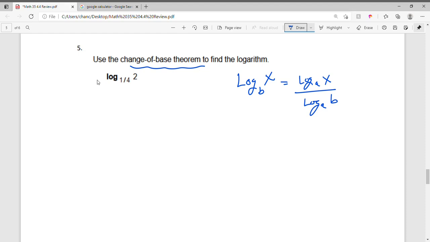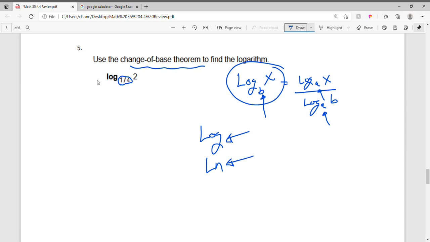This formula says I can choose any base that I want in order to figure out something that I do not know the log of with a certain base. So here, we know that our calculators don't have base 1/4, but I do have a base 10, which is log, and I do have a base e, which is natural log. So both of these will work.